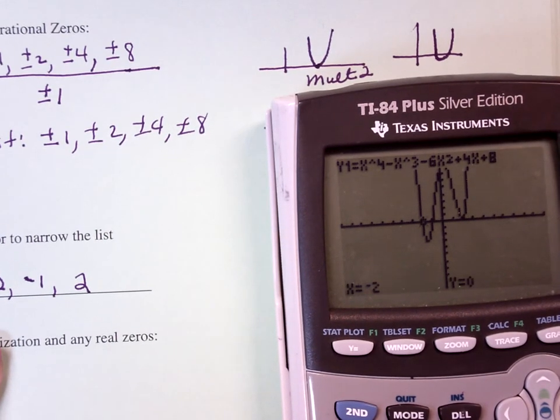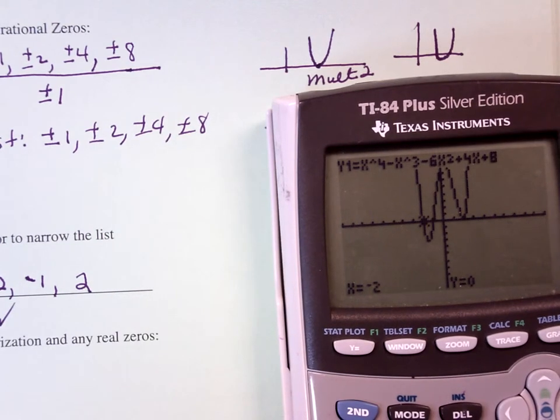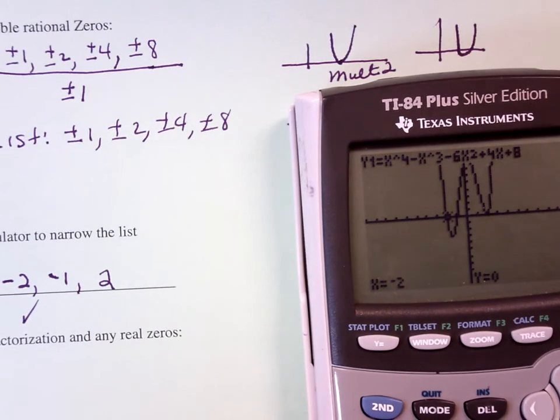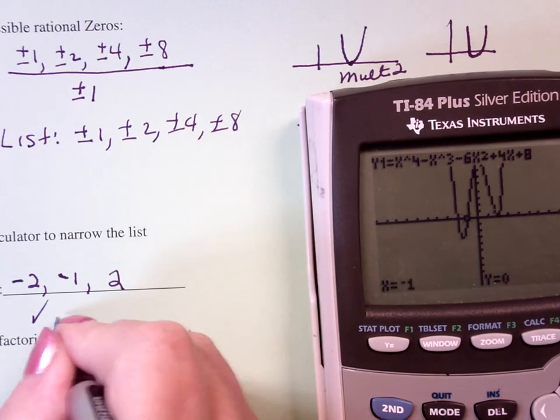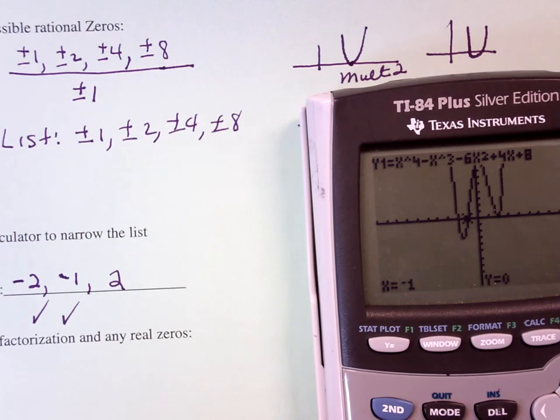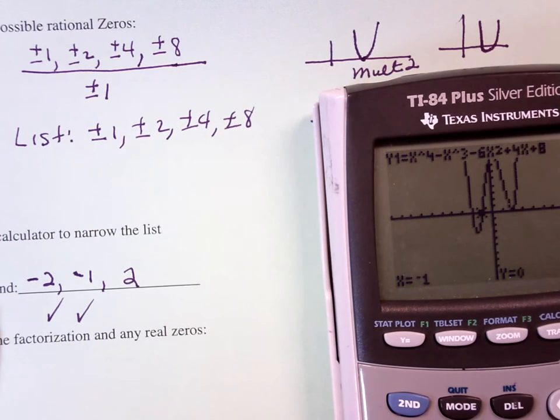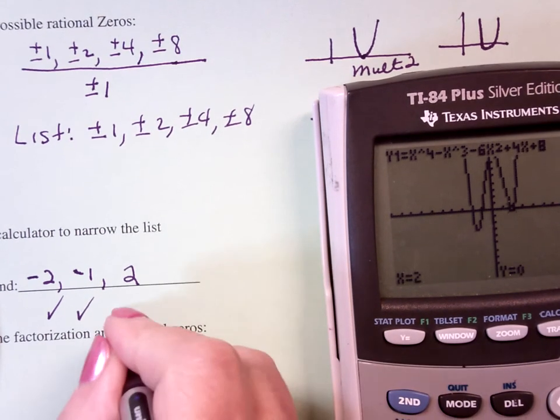And it is. So that checks. And then, as long as I don't do anything, I can type -1, and I get 0, and that checks. And then I can type 2, and I get 0, and that checks.